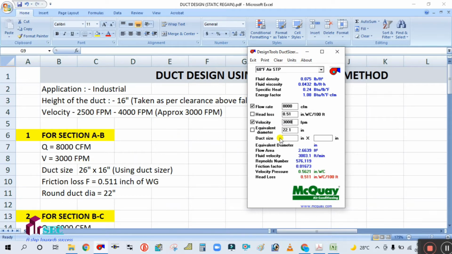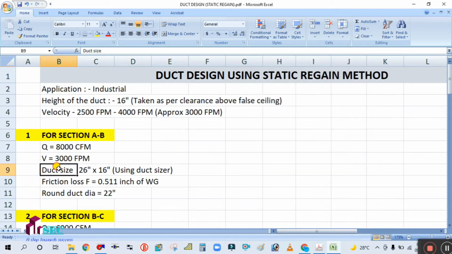Then enter the height. You can assume any one, so I am taking the first one as height and the width is automatic. Enter the height of the duct as 16 inch, and you get a 26 inch width. So the duct size is 26 inch width by 16 inch height.